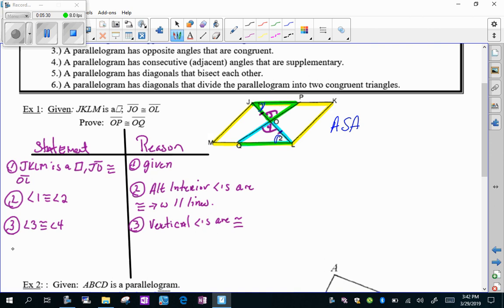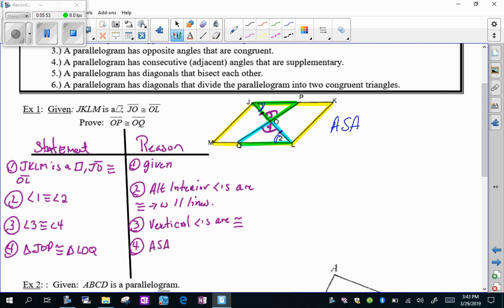All right, number 4, I can go ahead now and say that triangle JOP is congruent to triangle LOQ. And that reason is angle side angle.